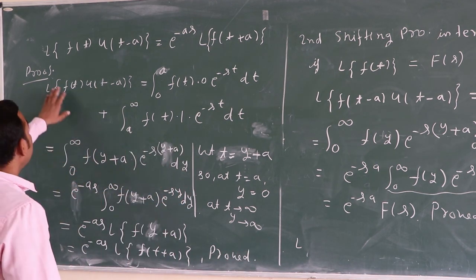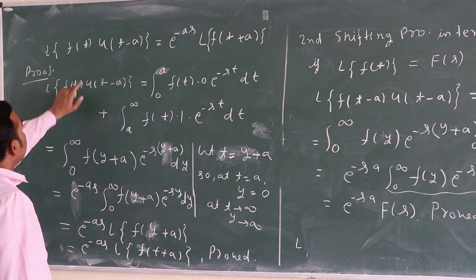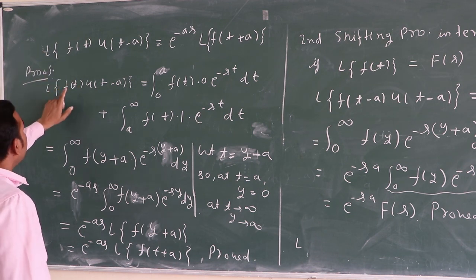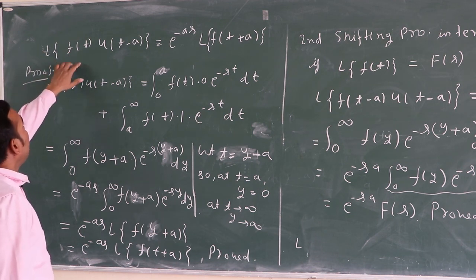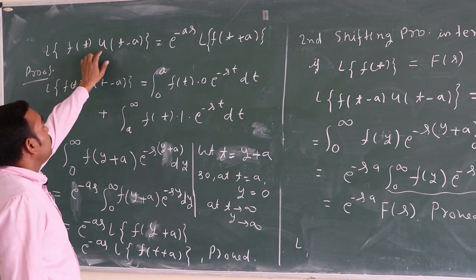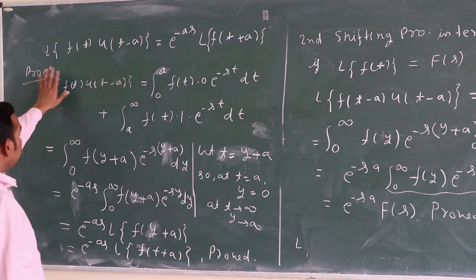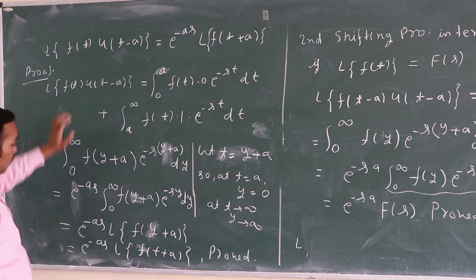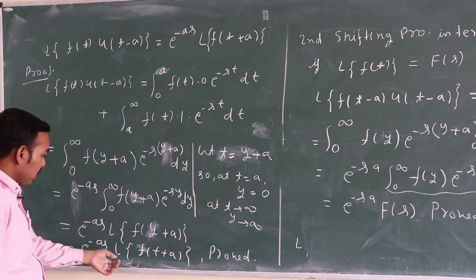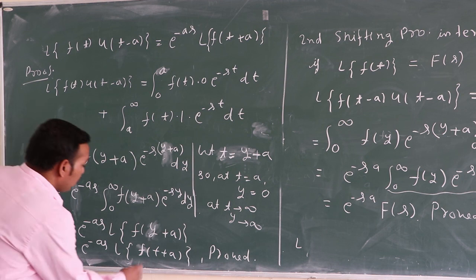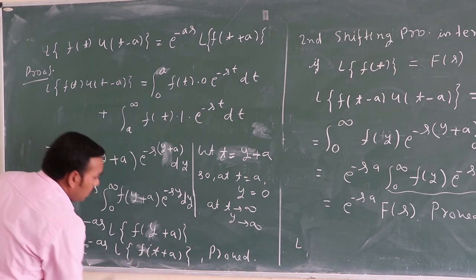Means if f(t), any function f(t), is multiplied by u(t minus a), then simply the Laplace of that function is e to the power minus as Laplace of f(t plus a).